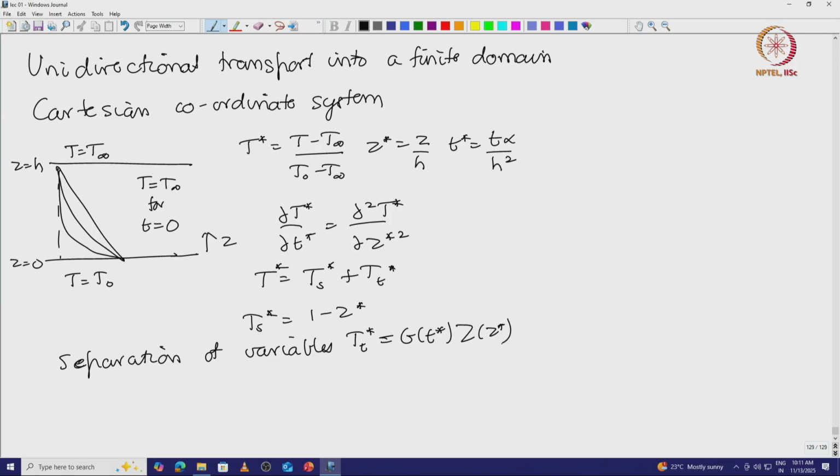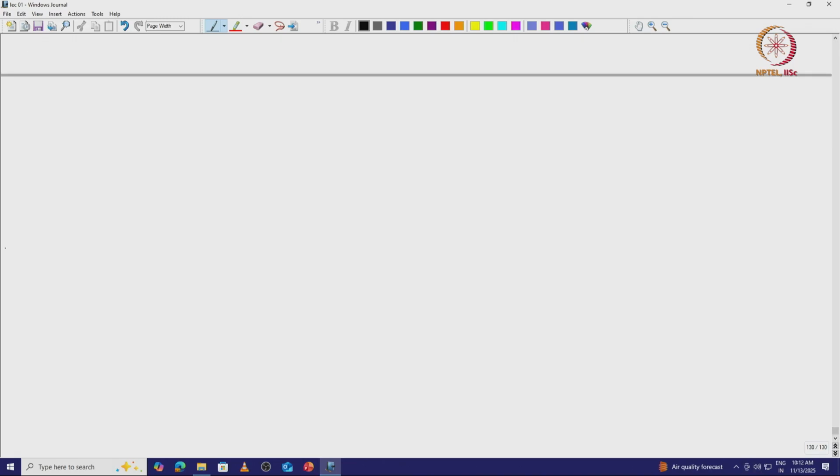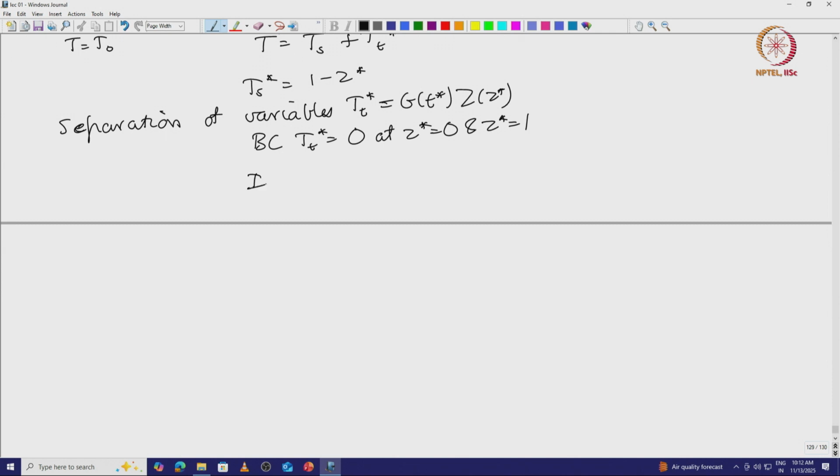The boundary conditions for the transient temperature are zero at Z star equal to 0 and Z star equal to 1. The boundary conditions were homogeneous, and the forcing was in the initial condition: T star is equal to minus of 1 minus Z star at t equal to 0.